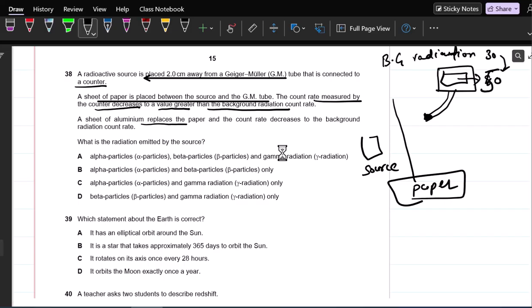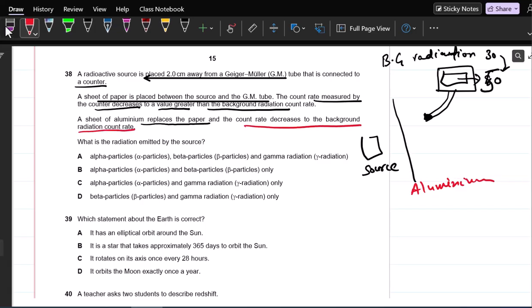Aluminium replaces the paper. Now this paper is replaced with a sheet of aluminium. The count rate decreases to the background radiation. It means now this 50 becomes equal to 30.